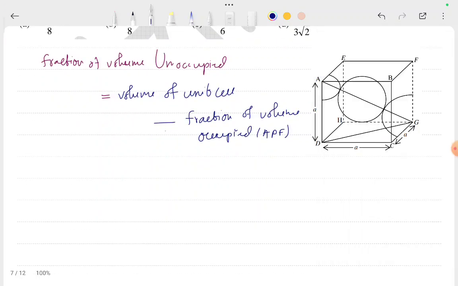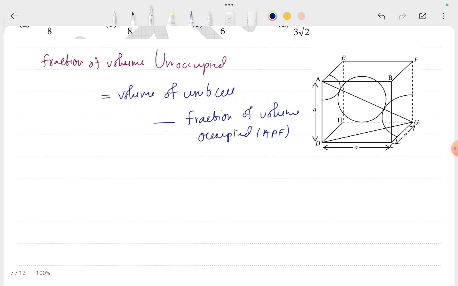To calculate the atomic packing fraction, we calculate two parameters: the number of atoms per unit cell and the radius, and the volume of the unit cell.